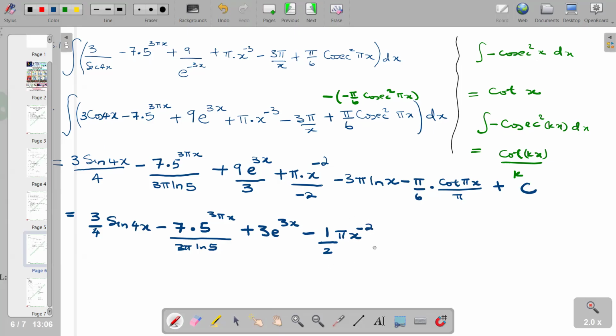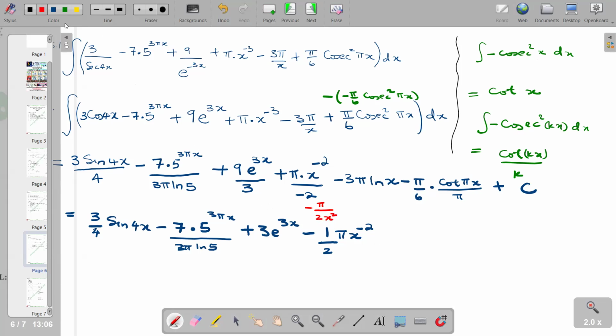But you have to take note here, if you convert the power to be positive, this power of x will go to the denominator. So this term will be minus pi over 2x squared.